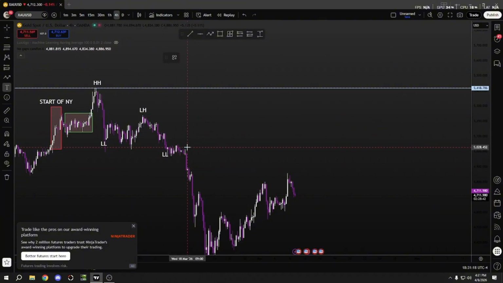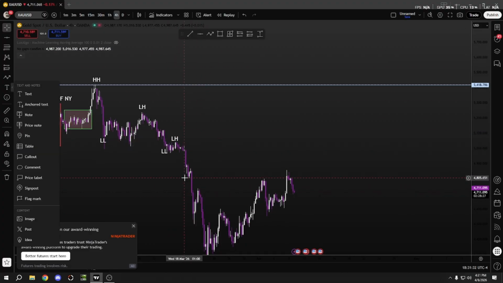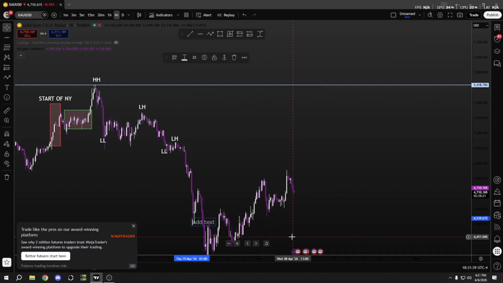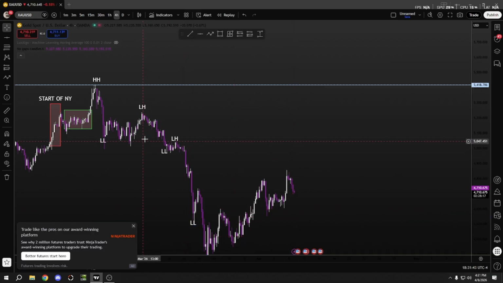So we have a lower high. And again, I'm actually not going to mark out every single individual little tiny one, but we have a lower low, right? Because price came all the way down here, dumped all the way down.